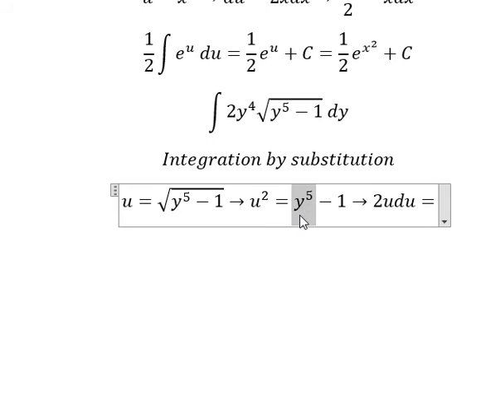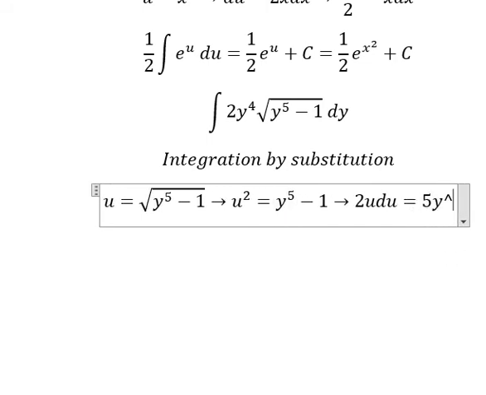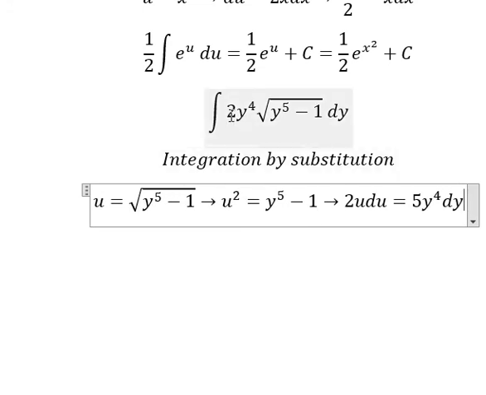First, the derivative of y to the power of 5, we have 5y to the power of 4. This one is a constant, so you get 0 here. Because we don't have the number 5, we divide both sides by 5.